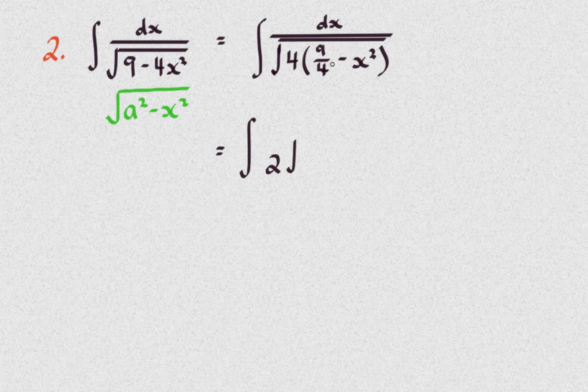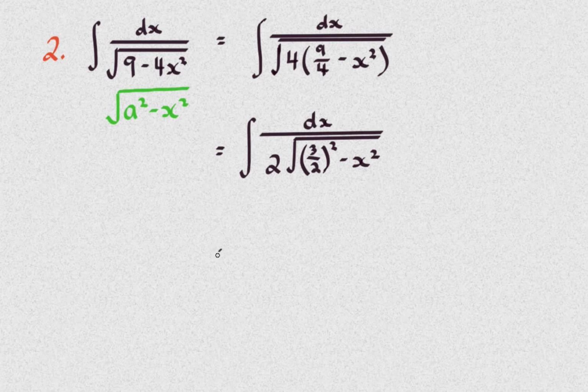But then we also want this value to be a squared value, right? We're after a squared minus x squared. So what is it that we would square to give us 9 over 4? Well, the square root of 9 is 3, and the square root of 4 is 2. And so now this looks a lot better.